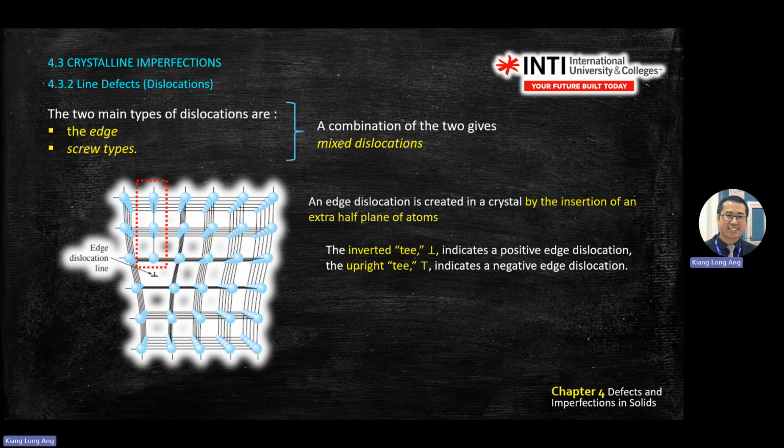This one is normal, then this one normal, but one line is missing here. So how do you mark a line defect? This is called an edge defect because it stops here, then no more. Then you draw an inverted T here. It's like no more way to go. So it can be upright, it can be inverted. This one is inverted.